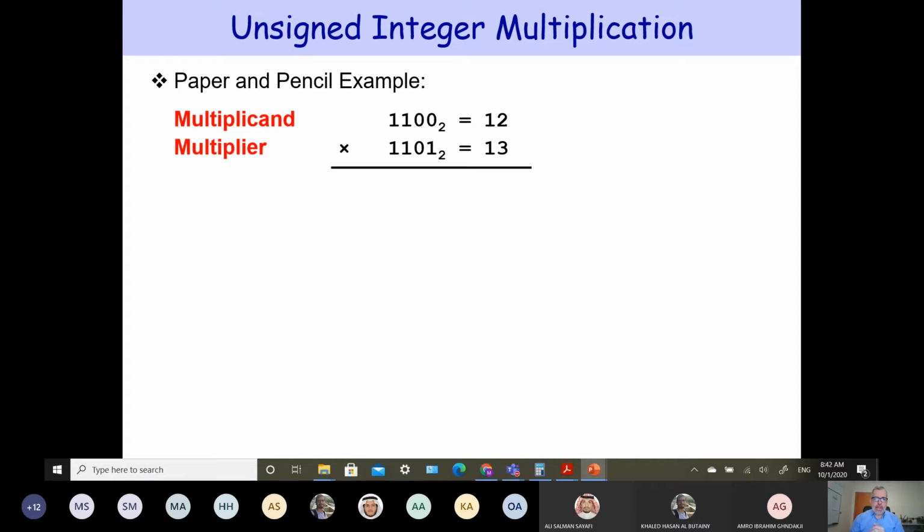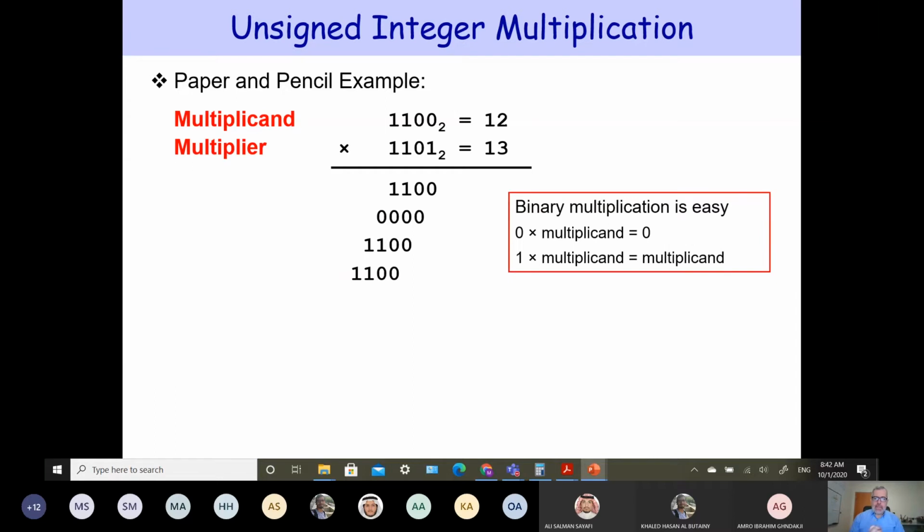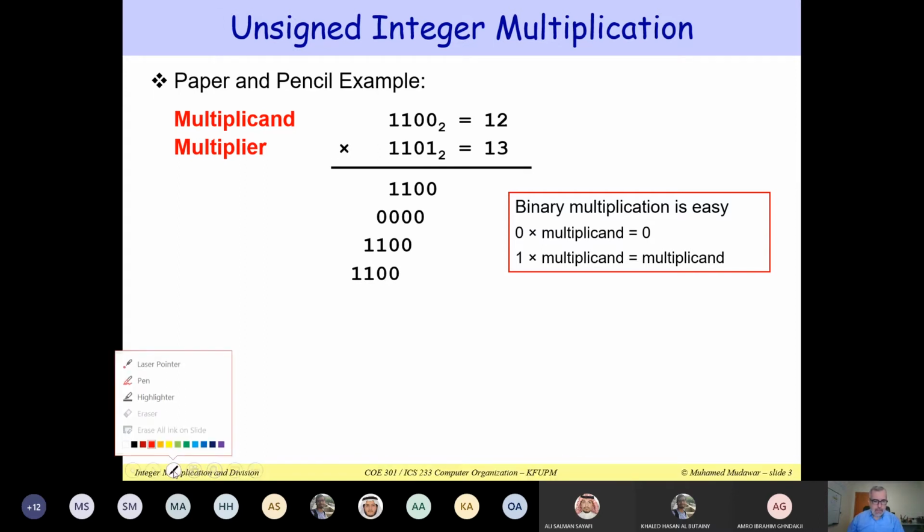Binary multiplication is very simple. You take each bit of the multiplier, for example this one, and you multiply it by 1100, so you get 1100.